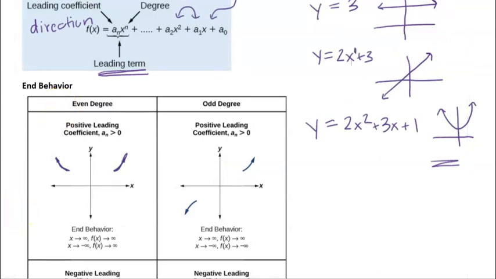We just don't write it, but it does have that. Then you have opposite end behavior. Think about the parent function, y equals x cubed. You can use that as kind of your mapping as an odd degree example. Same with quadratic as an even degree example.